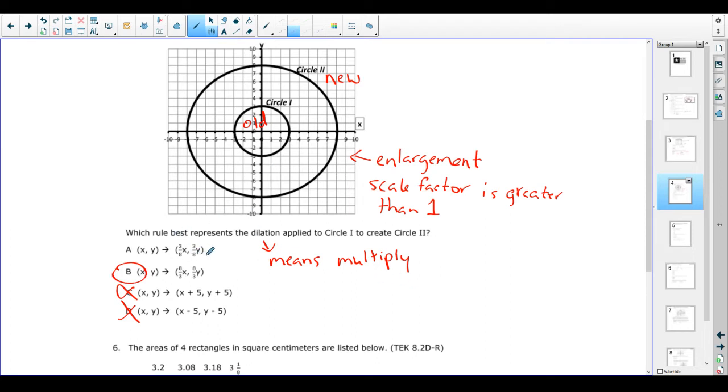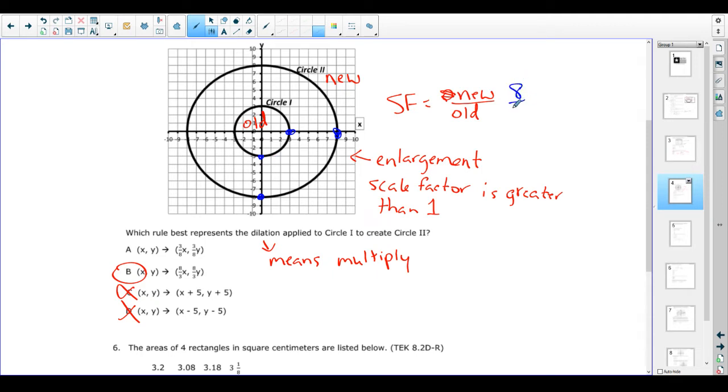If this wasn't multiple choice, you need to know where 8 over 3 came from. Remember, we say scale factor is always equal to the new, I almost did this backwards, divided by the old. And since this is a circle, it's nice and easy. Any of these points, we look for corresponding parts, is always 8 on the new and 3 on the old.